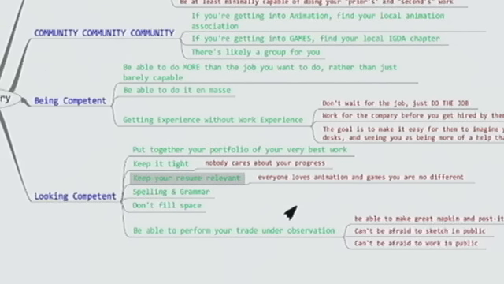Keep your resume relevant. Just list down the things that are the most important. I guess generally speaking, the resume and the cover letter are just gateways to make sure that you're not entirely insane and that you're not a person with the IQ of a walnut. So do have good spelling and grammar.